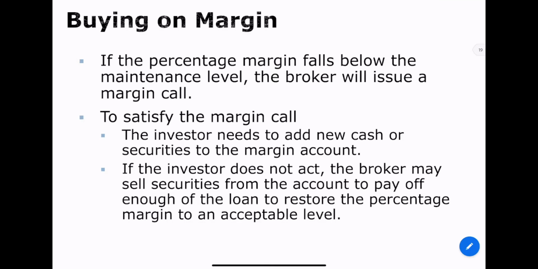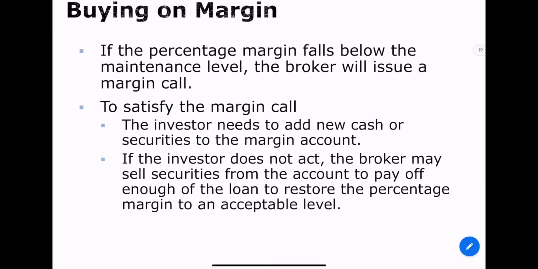So basically what will happen is the broker will actually sell some of your securities. By selling your securities, the broker can get some cash. So the broker can use the cash from selling securities to pay your loan and then to make your account satisfy the percentage margin, right?